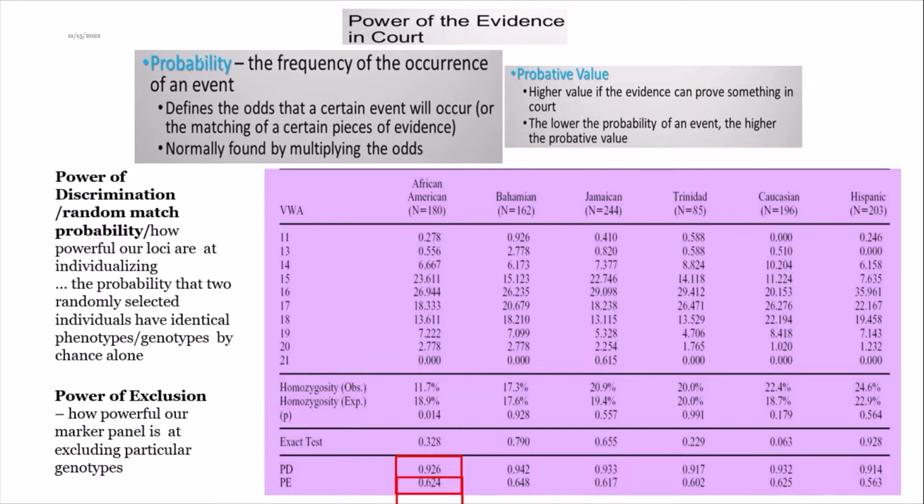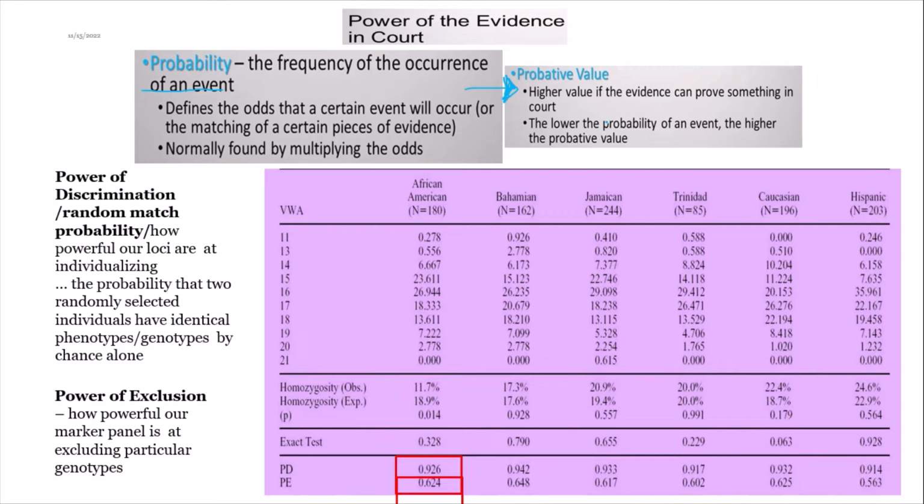And I want to define a few terms such as probability, that is the frequency of the occurrence of an event. And this frequency, usually we will define it, or we will generate what we call probative value. And a higher value is obtained if the evidence can prove something in the court. We want it to give us high value.